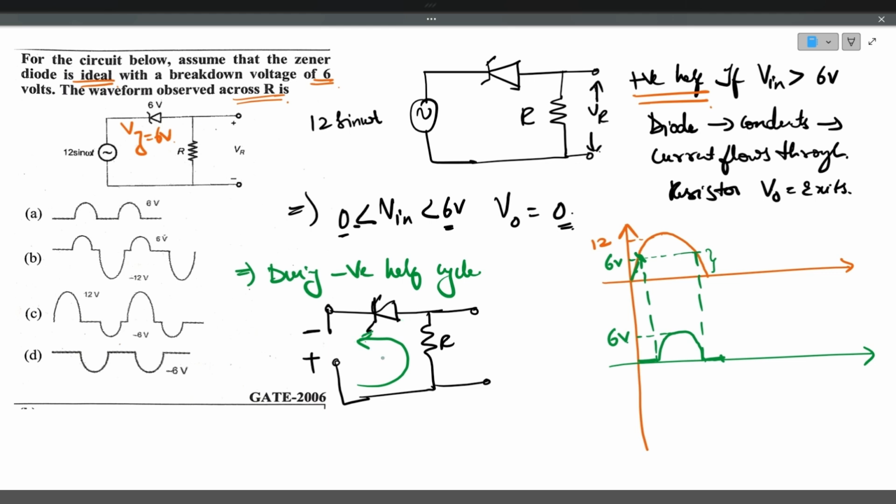So during the negative half cycle, the entire input voltage will appear across the resistance. The output is exactly as the input, whose peak value is minus 12, because the input is also minus 12. There won't be any voltage drop across the Zener diode, and the Zener diode conducts because of forward bias mode. So the answer is option B.